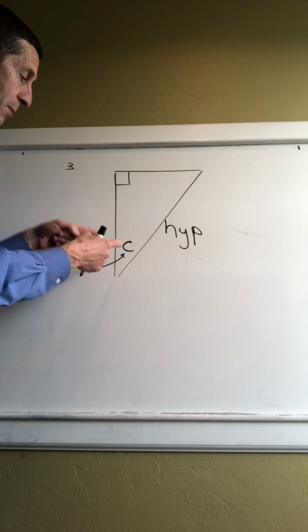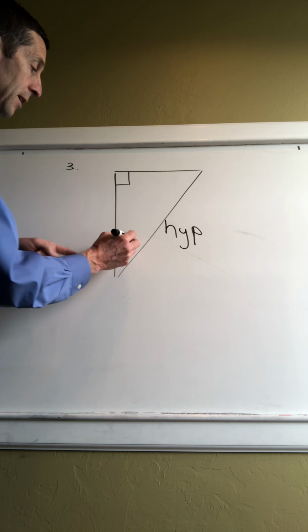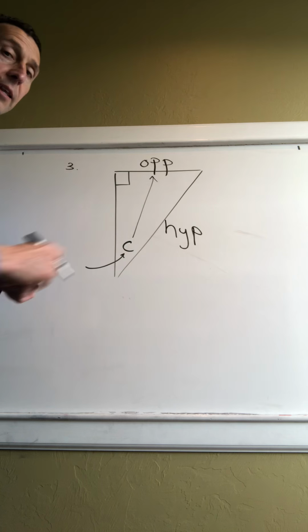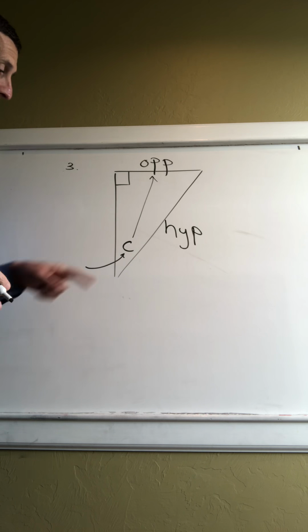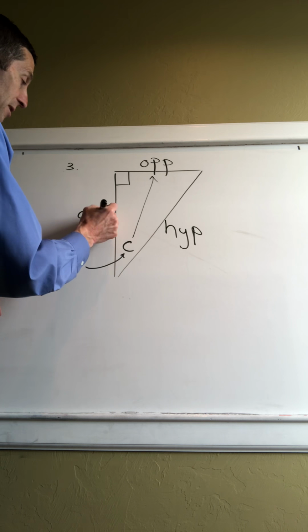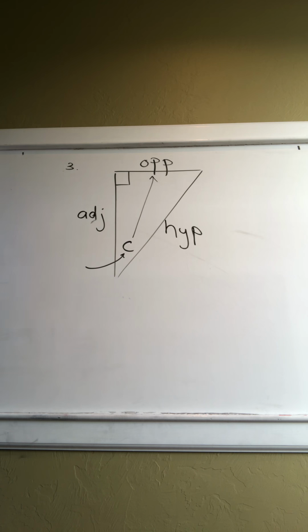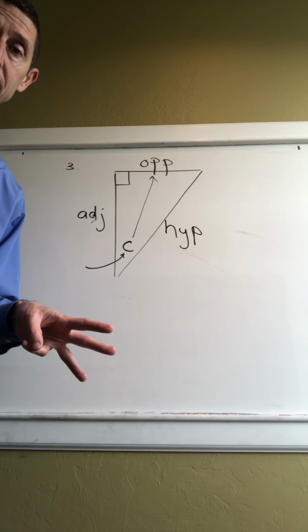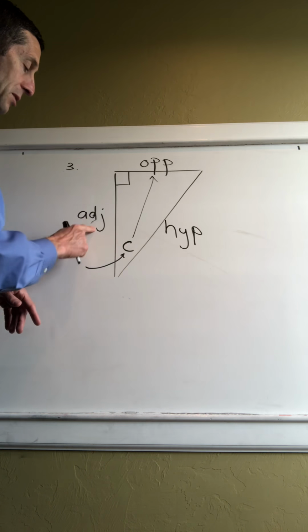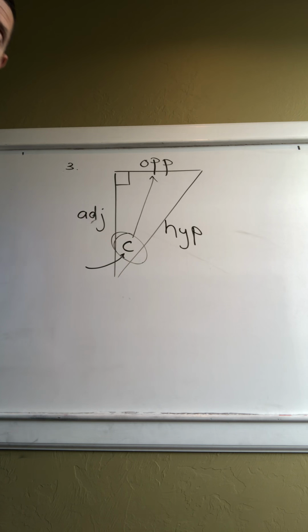Then here's my angle that I have to work with, opposite of it I label my opposite side. The side right next to the angle is my adjacent side. You have to label all 3 sides correctly: opposite, hypotenuse, adjacent, all based on that angle.